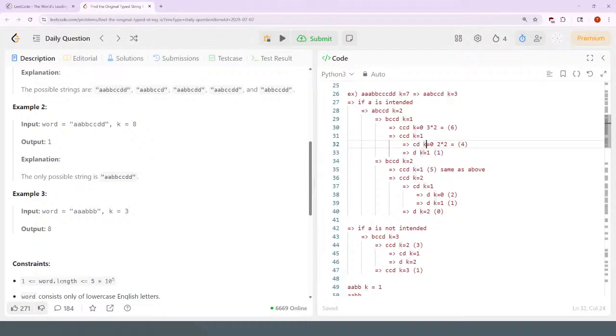Or if k somehow decrements to below, why would it ever decrement to below the string length? Yeah, yes, it's possible. If k is somehow longer than the string length, because maybe I skipped over a streak, and skipping over the streak of letters made the string shorter than k, then it becomes 0. Like if the remaining letter is D and k is 2, then 0 ways of doing that.